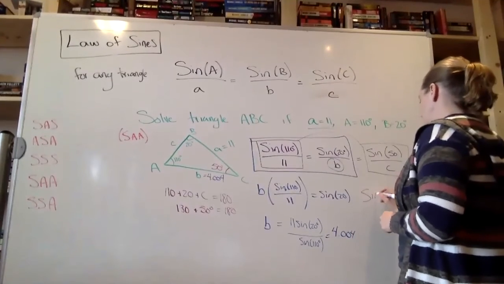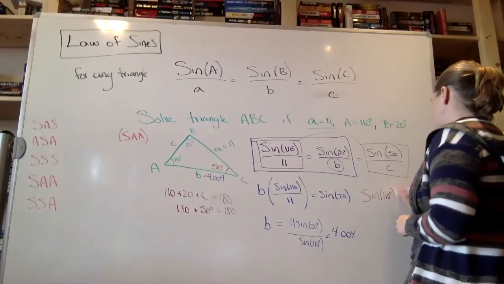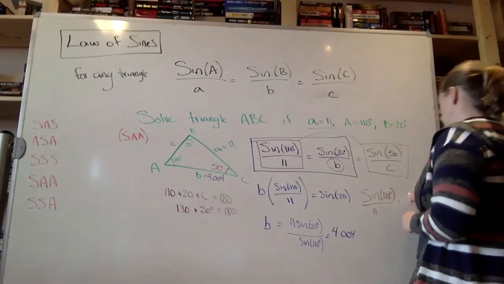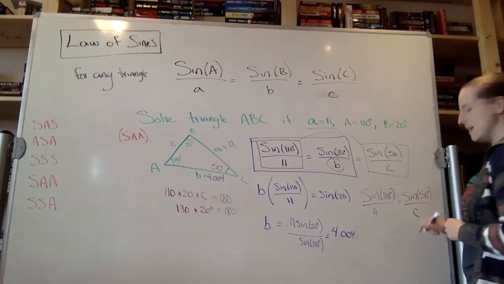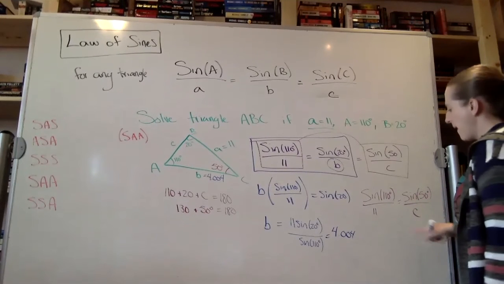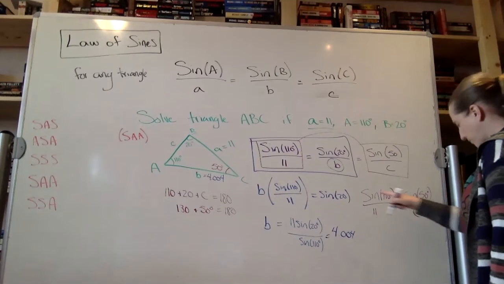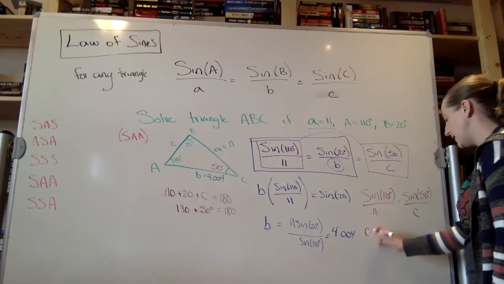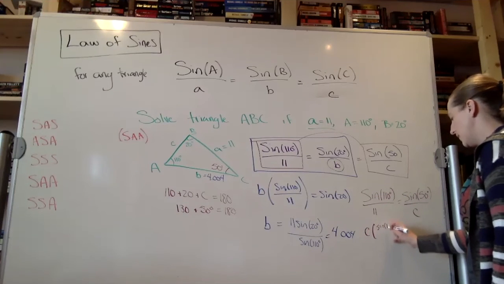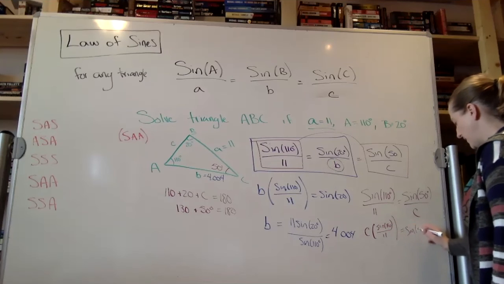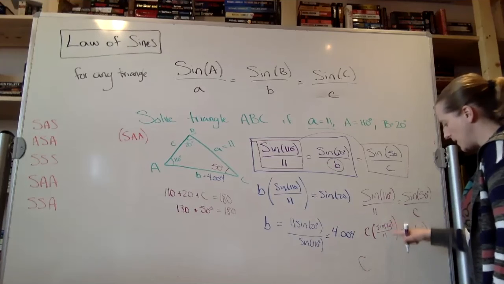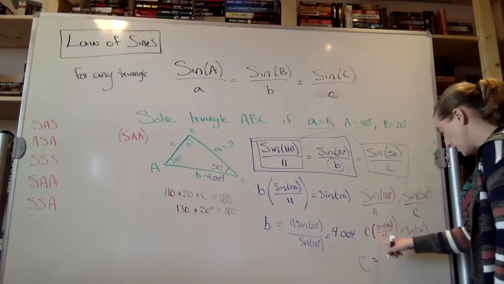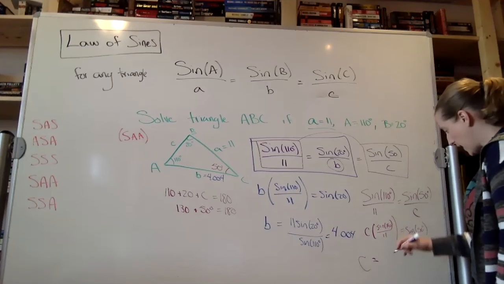We'll have sine of 110 over 11 equals sine of 50 over C. We're now going to solve this for C. Real similar to what I did before. If I multiply both sides by C, I'll have C times sine of 110 over 11 equals sine of 50. And then solving this for C by dividing by sine of 110 over 11 really means I'm multiplying by 11, that 11 is in the bottom, and dividing by sine of 110.